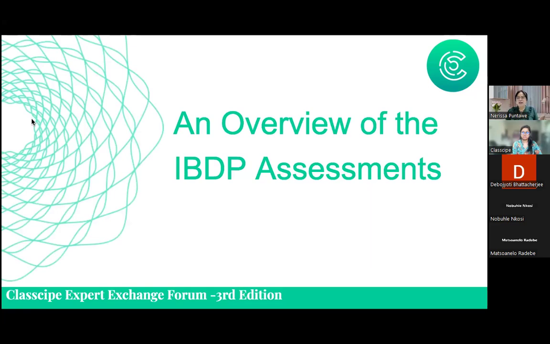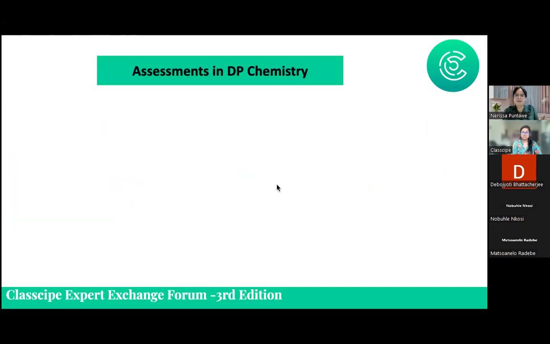So let's take a look at an overview of IBDP assessment. Now for IBDP assessment for this year, it's quite different. Actually, it's completely different from the previous years. This is the new one, and it will be examined this May 2025.